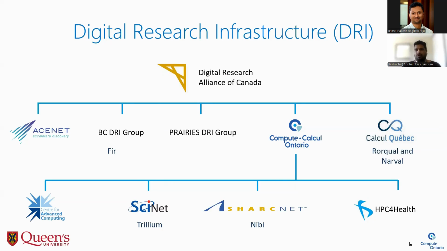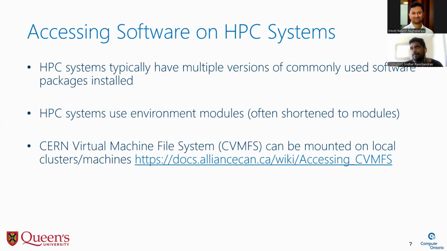So if you're on any of the national platforms like Fir, Rorqual, Narwhal, Trillium, or Nibi, the software stack is shared. We have very minute differences for software like MATLAB, for example, but otherwise the software stack itself is the same. So technically, if you run a pipeline on one of the clusters, you should be able to run the same pipeline on any of the other clusters without any significant issues.